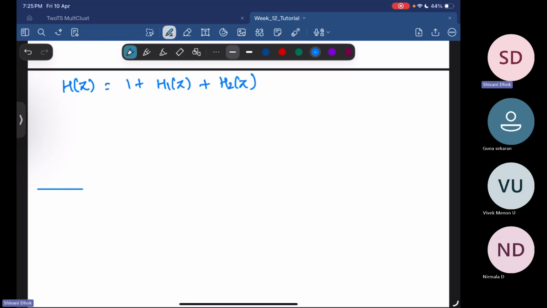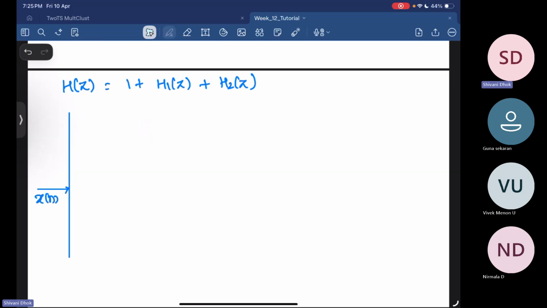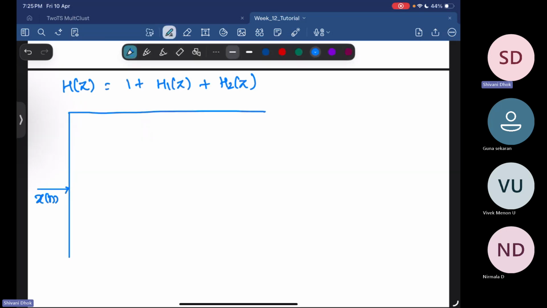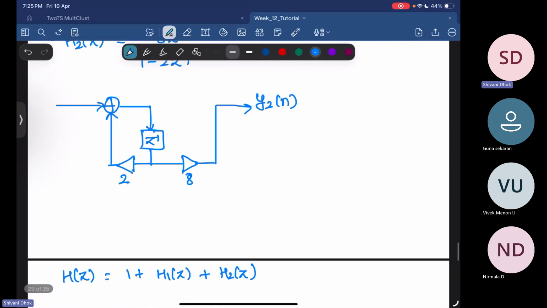So you have your x of n, you have a 1, then you have h1 of z. h1 of z looks something like this.